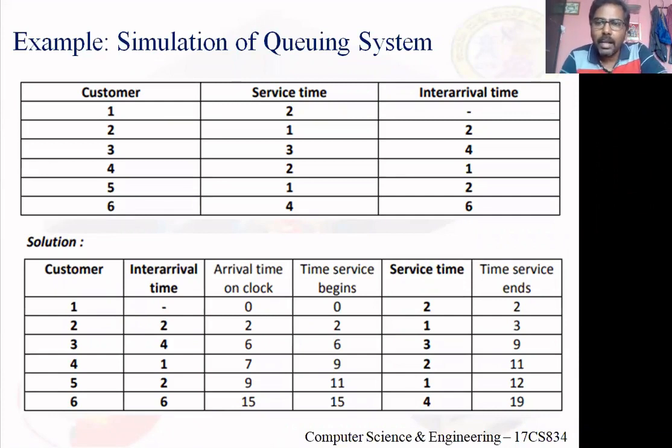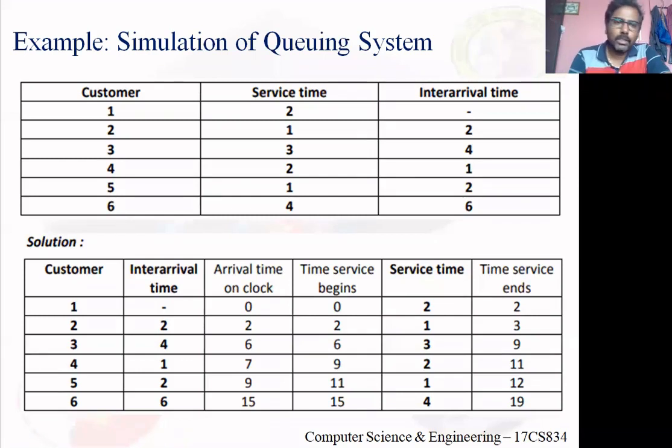At time 0. Got it? Before the first customer, there are no other customers who arrived, so there is no inter-arrival time for the first customer. The first customer is going to arrive at time 0.